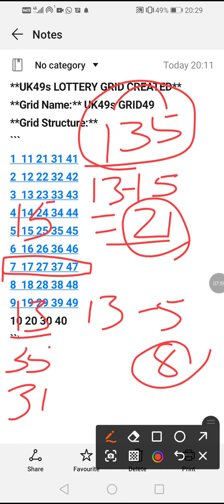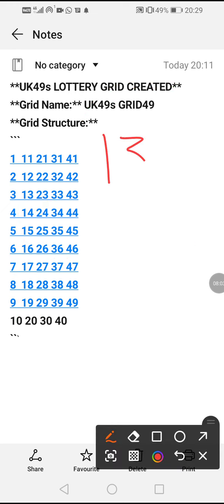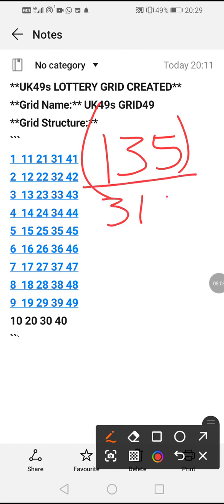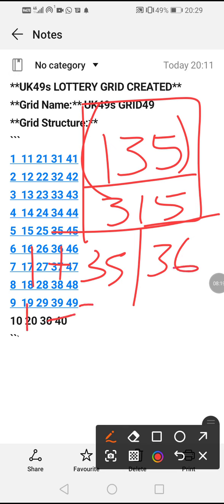And then guys, check this again. This number is 135. If we spin this number, we're going to have 315. So now if you have a 315 on top, we're supposed to say 1 plus 35, we get a 36. 1 minus 35, we get a 39.